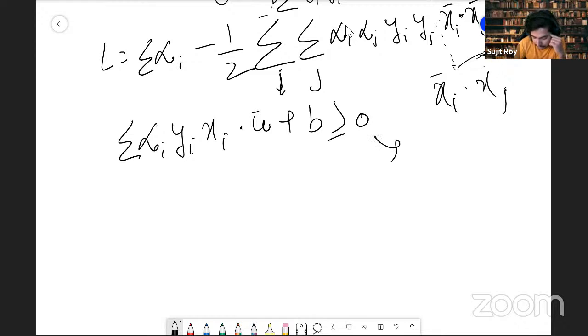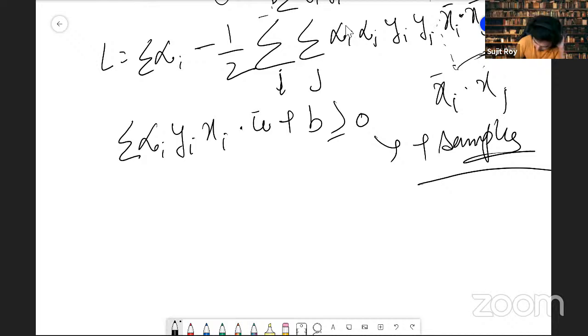This is the condition true for the positive samples. So this whole system can work perfectly fine if you make a program on it, for all the linear samples, because we have been dealing with linear samples.